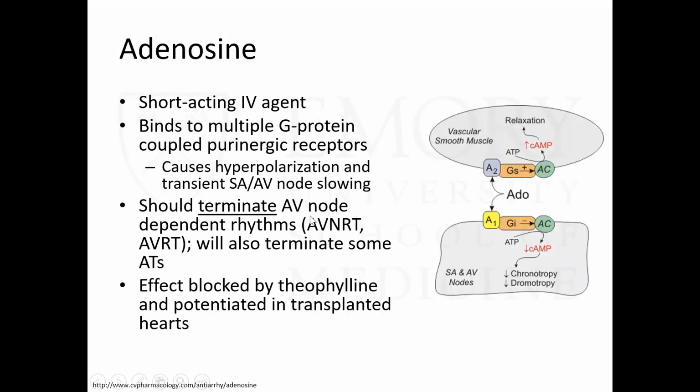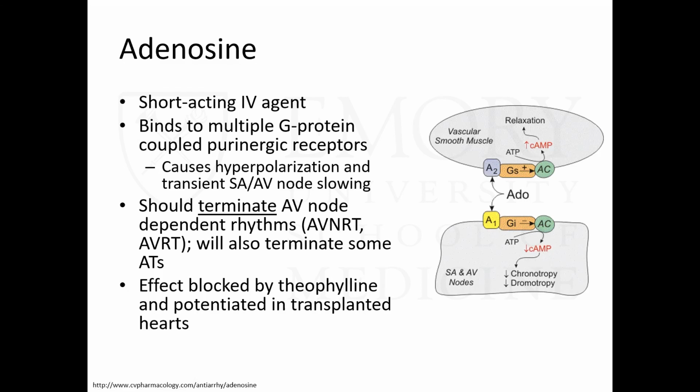Adenosine we use pretty frequently for treatment of arrhythmias, and so I included it here. It binds to G protein coupled receptors and actually hyperpolarizes the SA node and the AV node. The reason we use adenosine for arrhythmias is that it will transiently block conduction through the AV node by hyperpolarizing the myocytes.